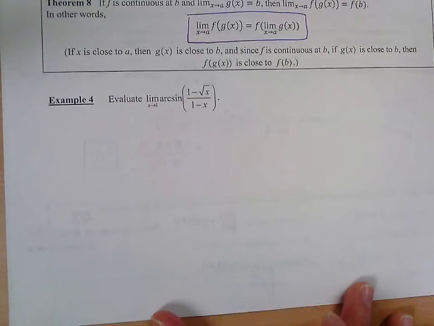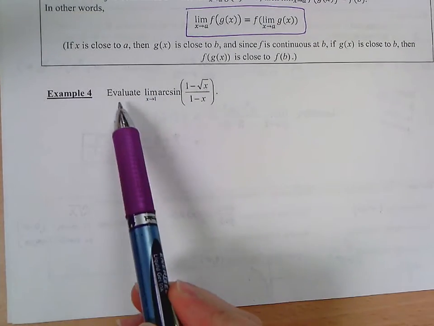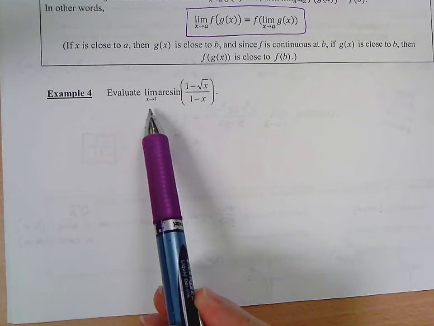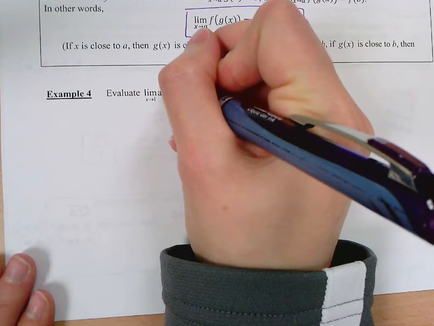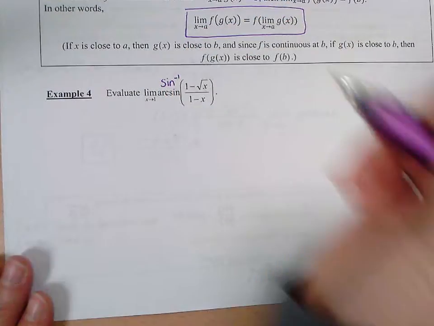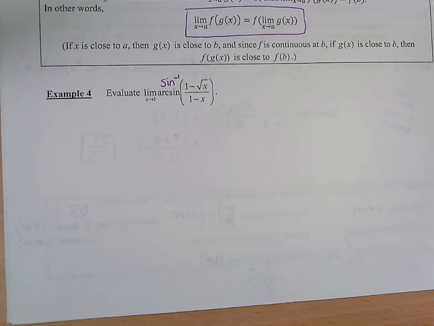So here is an example of actually using that. We have to evaluate the limit as x approaches 1 of arcsine. Remember, arcsine is an alternative way to write inverse sine. So the limit as x approaches 1 of arcsine of the quantity 1 minus square root x over 1 minus x.